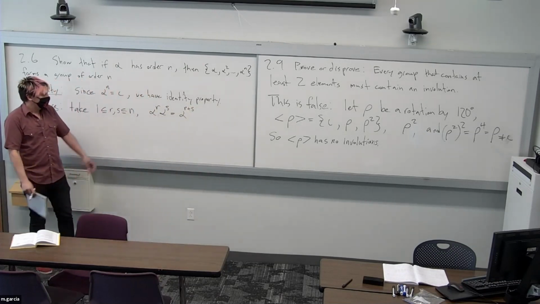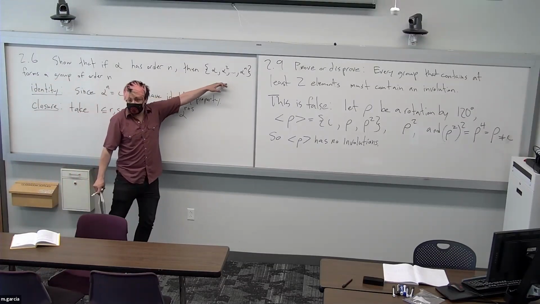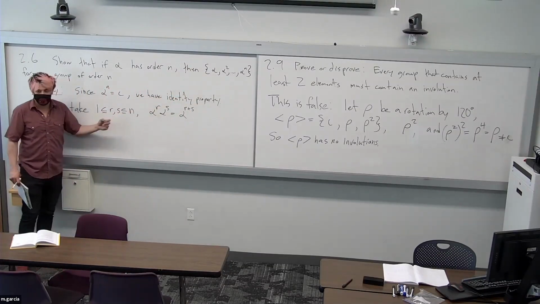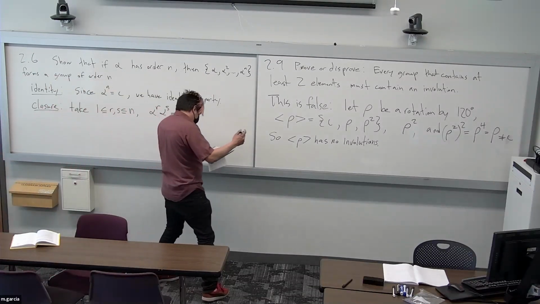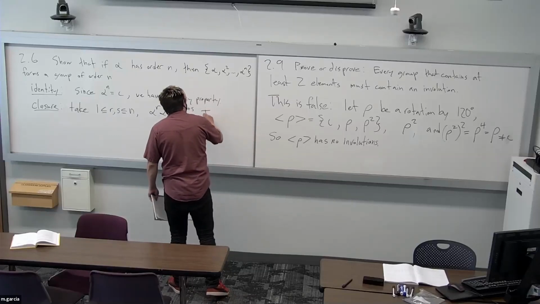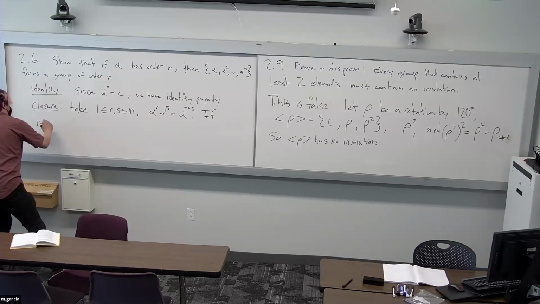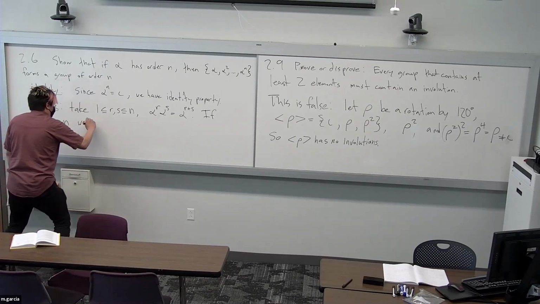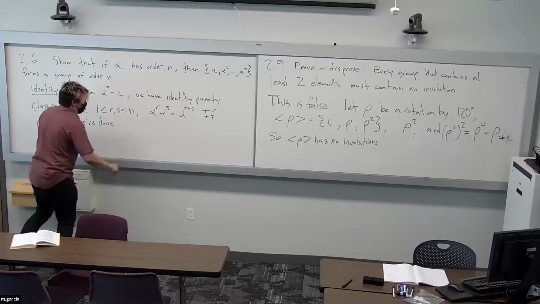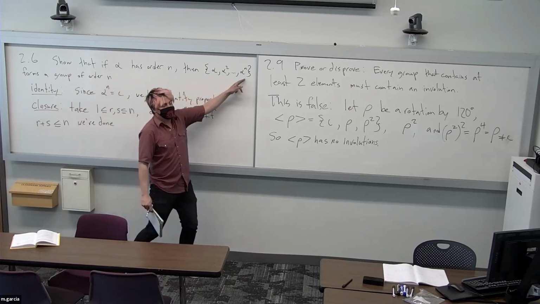Here, of course, alpha to the r and alpha to the s are both in this set, because we chose r and s to be between 1 and n. And then it breaks into cases from here. So if r plus s is less than or equal to n, we're done, because that, again, is in this set.